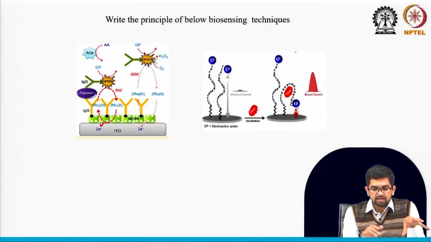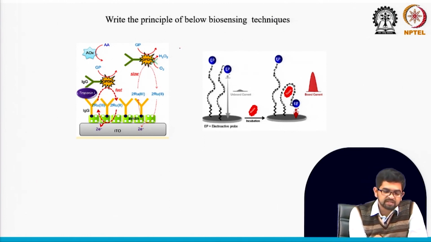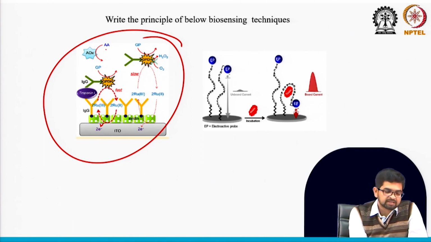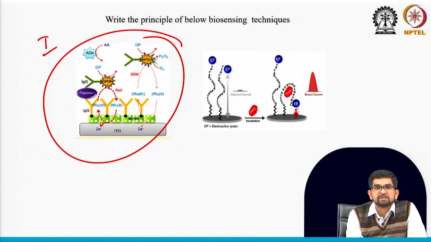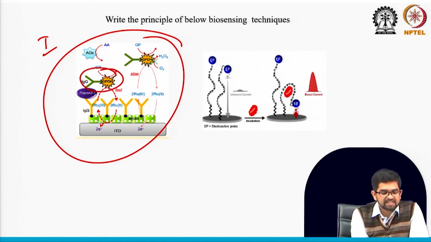Okay. Now the last problem for today's tutorial is to discuss the principle of this biosensor. So, I may ask in problem number 1, what is the principle of this biosensor development? I taught the whole principle. You can see your secondary antibody is conjugated with some enzyme, like here GPDH, right?